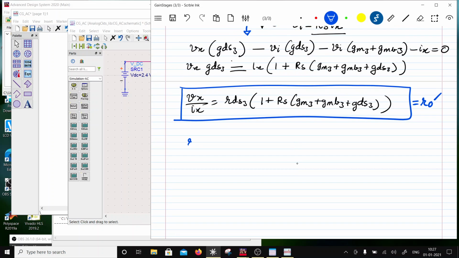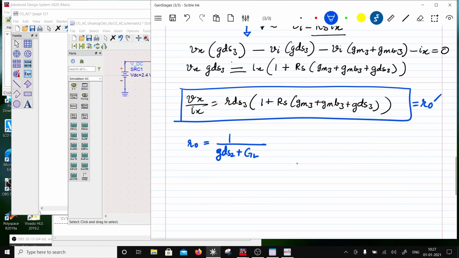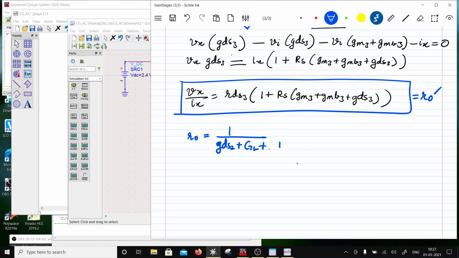The RO would be equal to 1 over GDS2 plus GL. So now I'm bringing into this equation these two terms, plus this thing, which is RDS3 times 1 plus Rs times Gm3 plus Gmb3 plus GDS3.